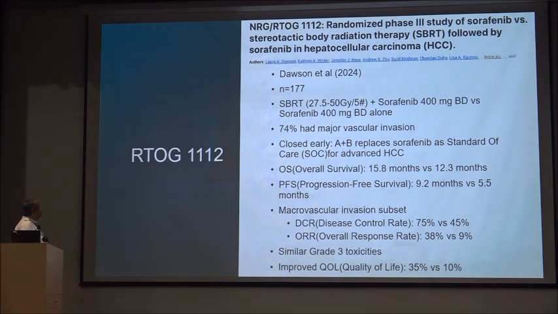74% had vascular invasion. All patients had HCC, out of which 74% had PVTT. Atezolizumab plus bevacizumab replaces sorafenib as the standard of care for advanced HCC. Overall survival was 15.8 months versus 12.3 months.